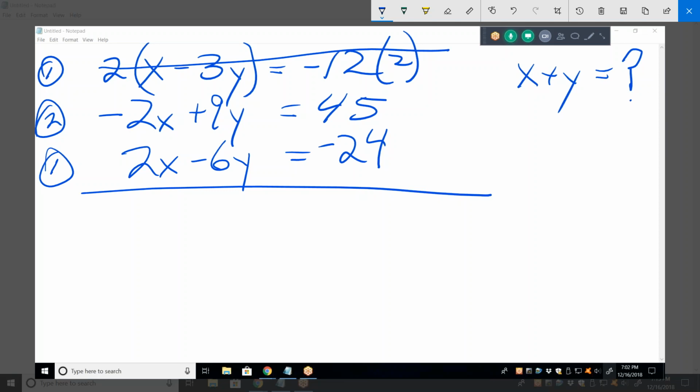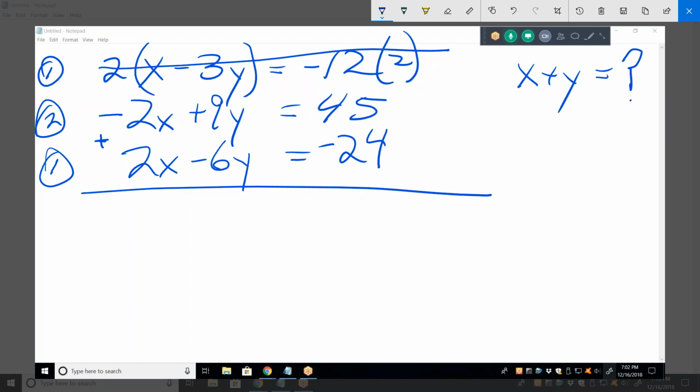I cannot multiply equation 1 by equation 2 and expect to get, actually I might be able to, now that I think about it. But we never do that. We either add them or subtract them. So what am I going to do here? I'm going to add them, right? Yeah. Because that'll get rid of the x. And that's what we're trying to do, is eliminate a variable.